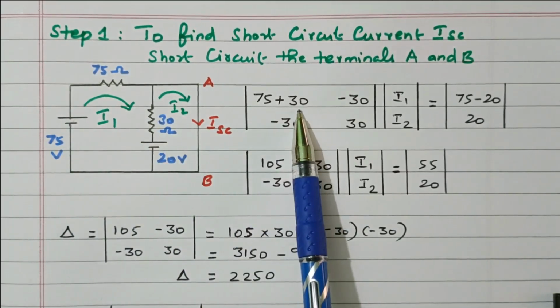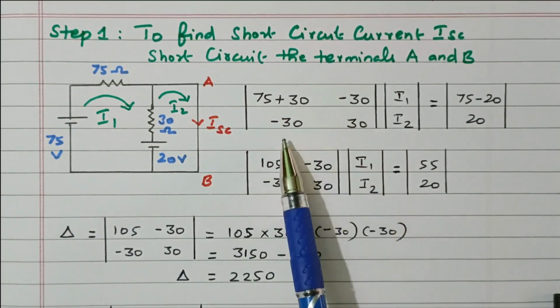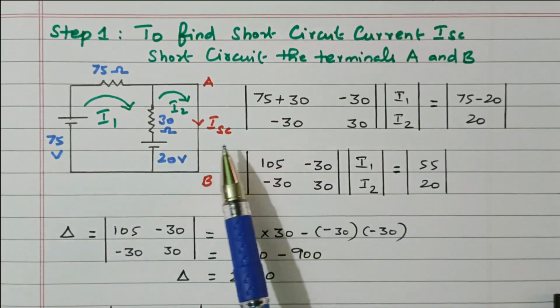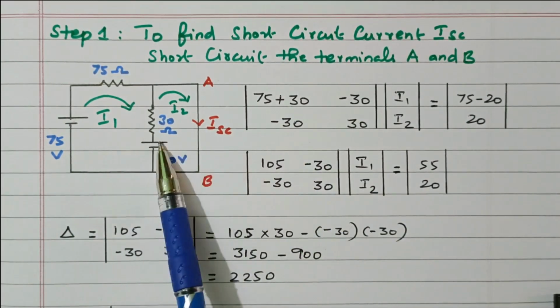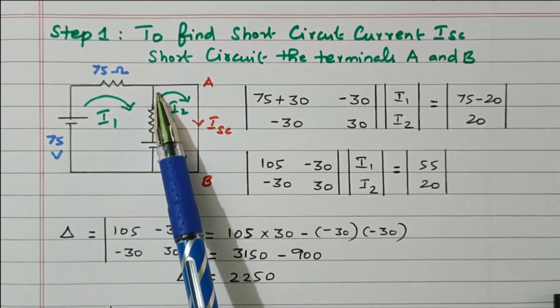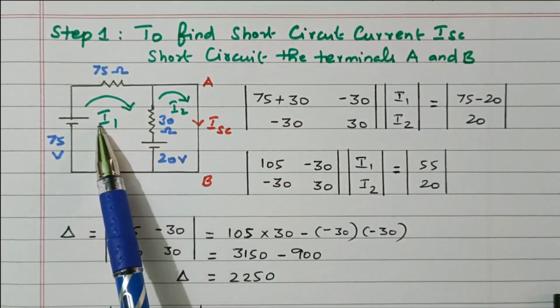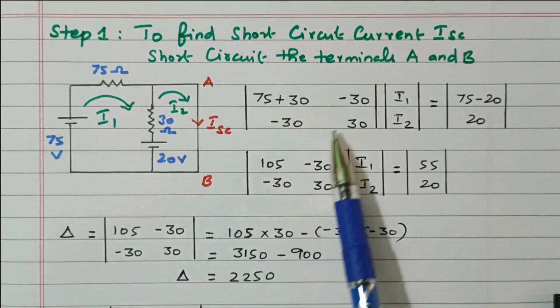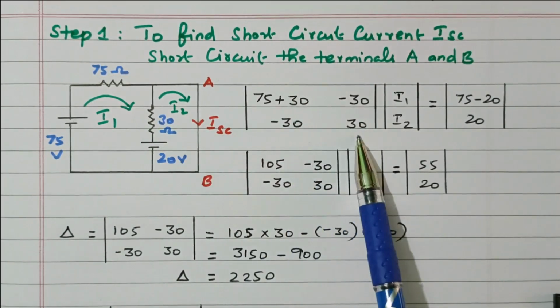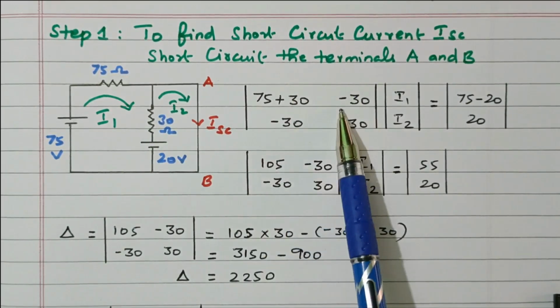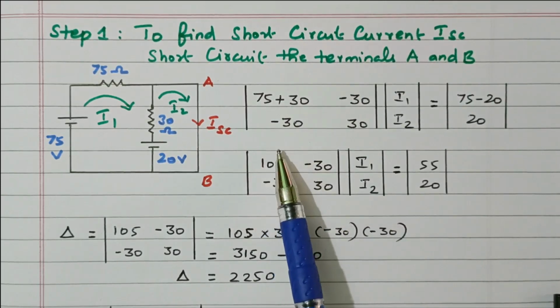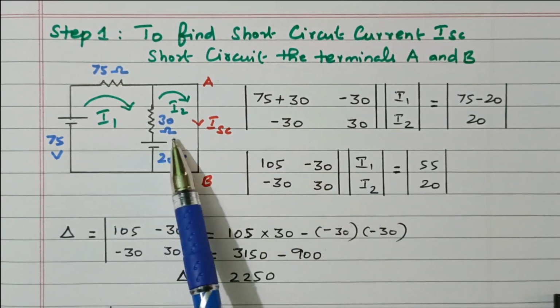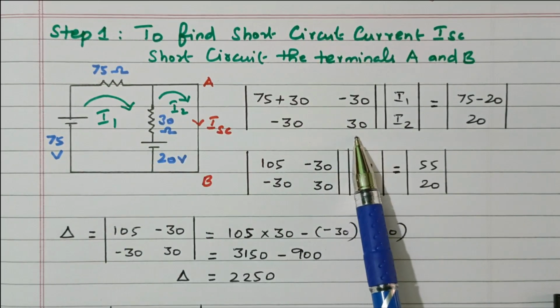So 75 plus 30. R12 and R21 are the resistance between the first loop and second loop. This 30 ohm is available between the first loop as well as the second loop. So minus 30. Other than the diagonal, all elements are negative. So minus 30, minus 30, commonly available between loop 1 and loop 2. Then R22.